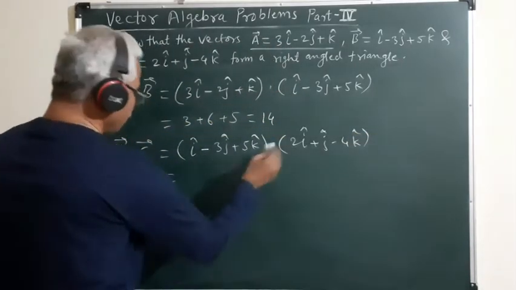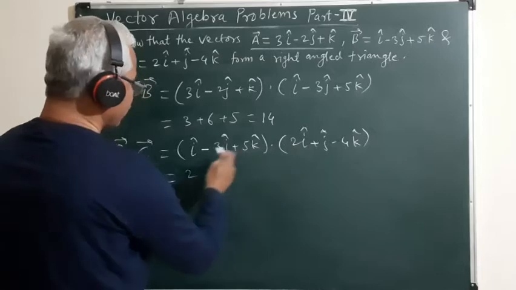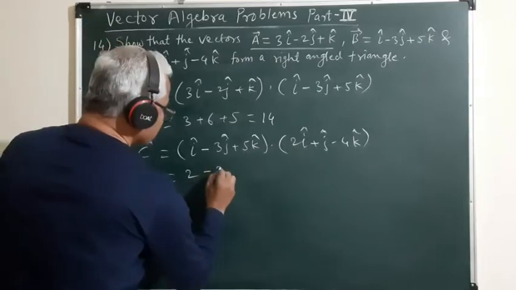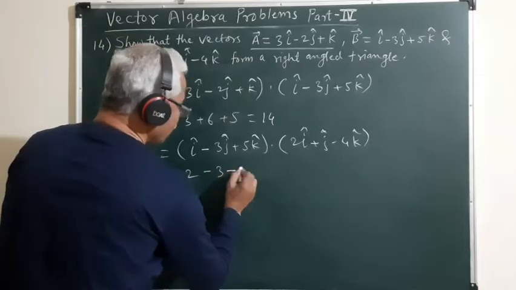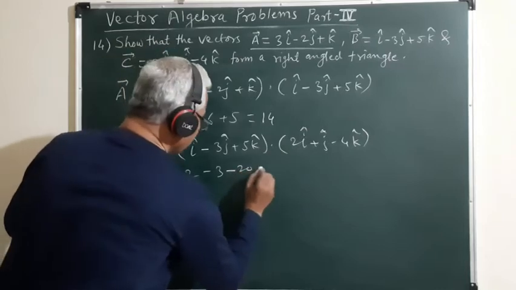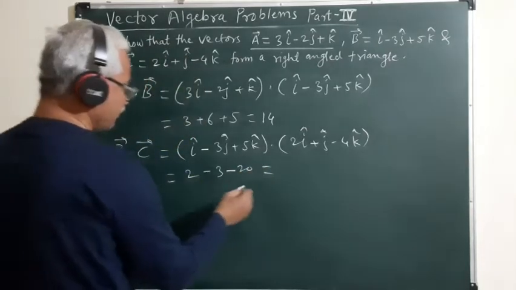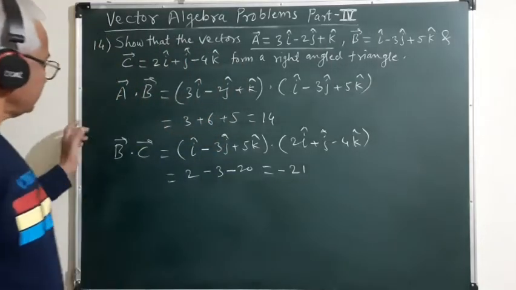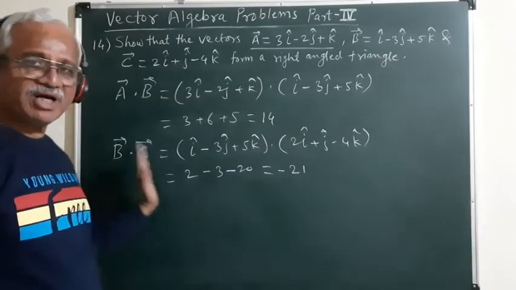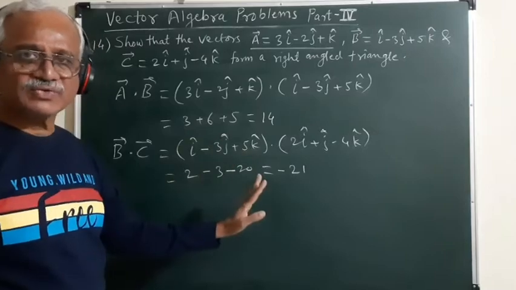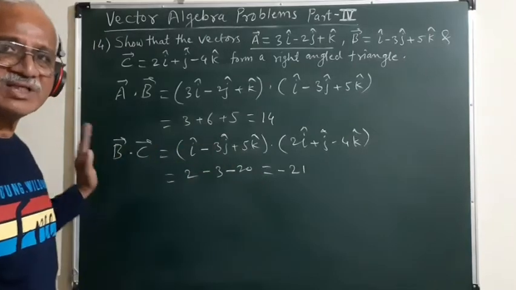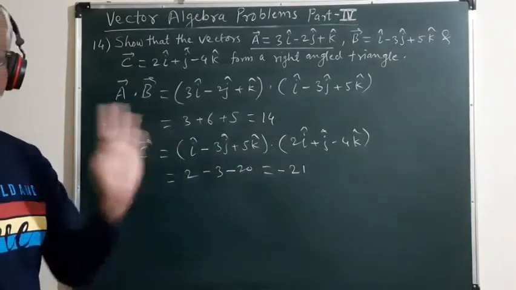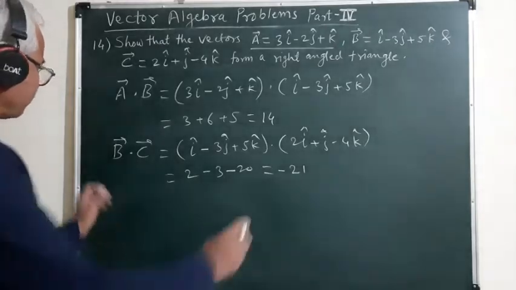So this is equal to 2 minus 3 minus 20. So this is minus 21. So again, the dot product of the vectors b bar and c bar is not equal to 0. Therefore, the vectors b bar and c bar are also not perpendicular to each other.